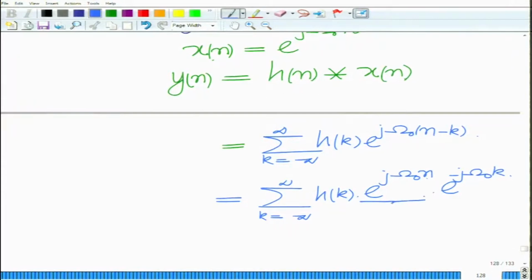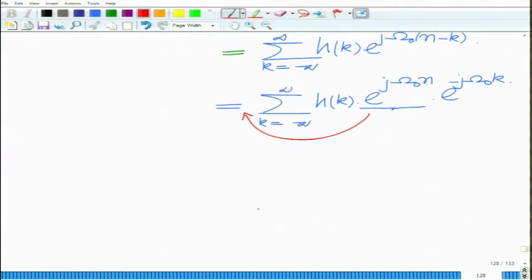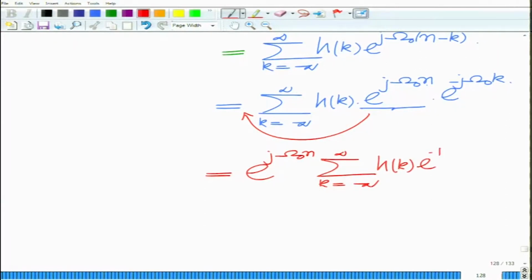Now, this e raised to j omega naught n is common, so I take that outside. So, that becomes e raised to j omega naught n times the summation over k from minus infinity to infinity of h[k] e raised to minus j omega naught k, which is simply H(omega naught), that is the DTFT at omega naught.